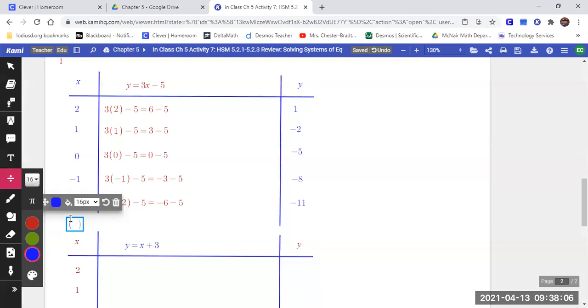So our first one would be 2, 1. What would our next one be? Yes, 1, -2. Okay, make sure they're in parentheses, right?